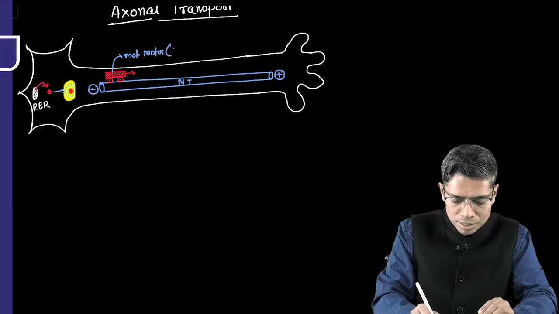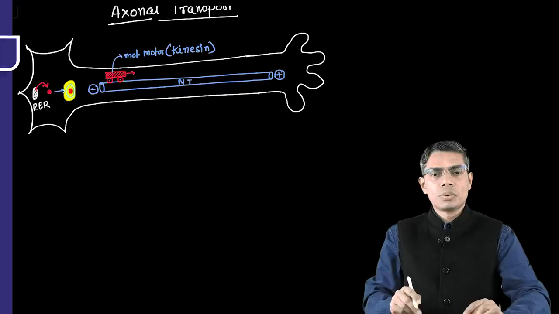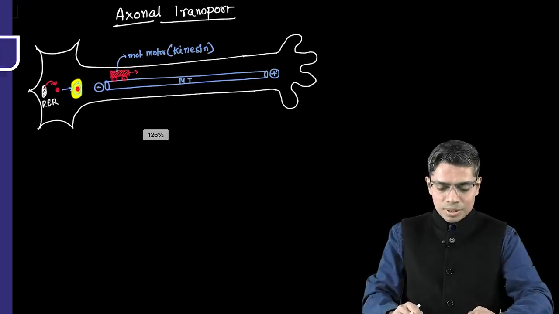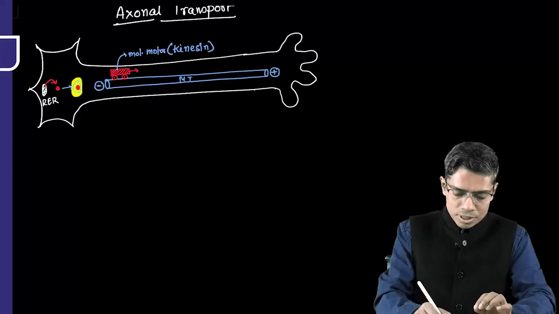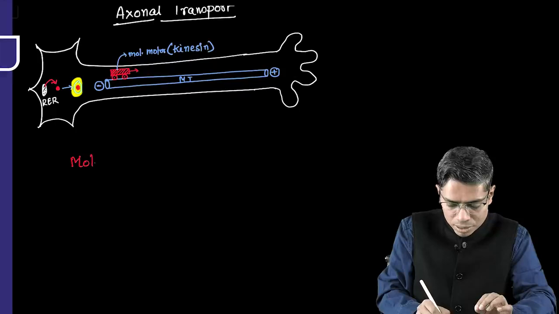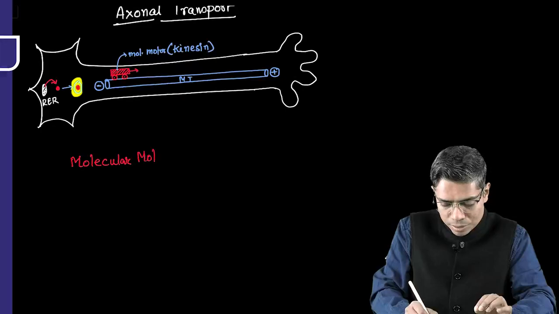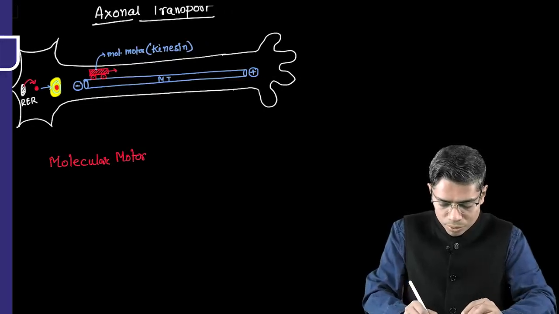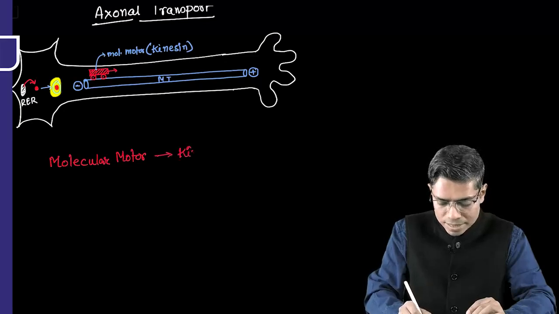The name of this molecular motor is kinesin. So what are we going to understand? We are going to understand axonal transport. Just now we have discussed that axonal transport is based on certain molecular motor molecules, and the first molecular motor that we have just mentioned is nothing but kinesin.